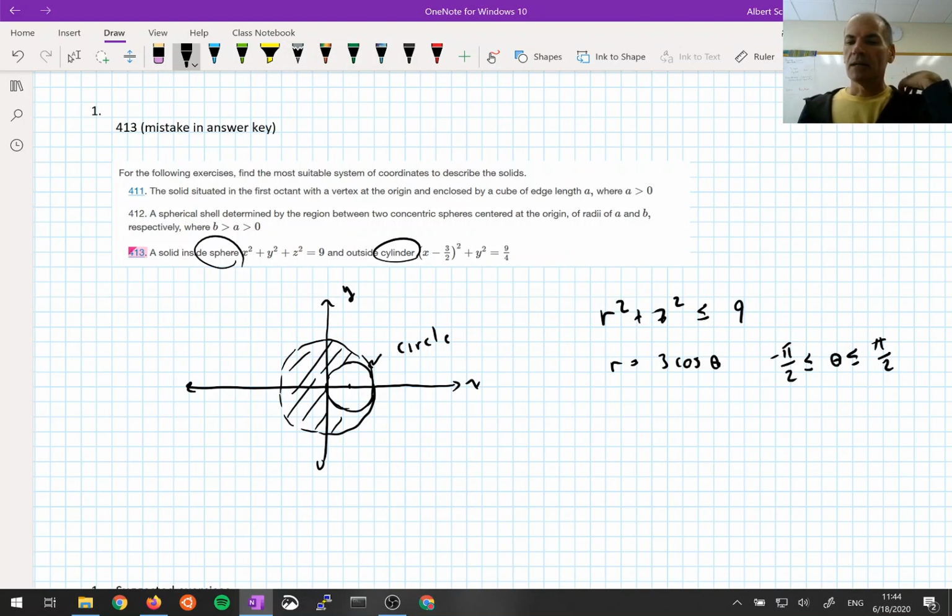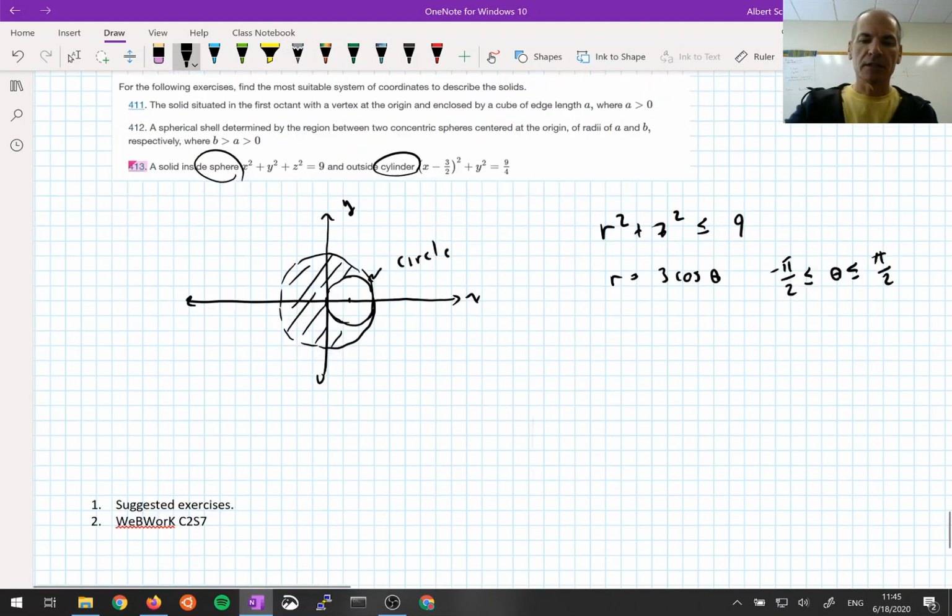All right, now we want to build a condition that puts us outside of this circle, and we don't need to do any conditions on the z coordinates because they're not in the cylinder equation. All right, how are we going to do this? Let's focus on this circle.